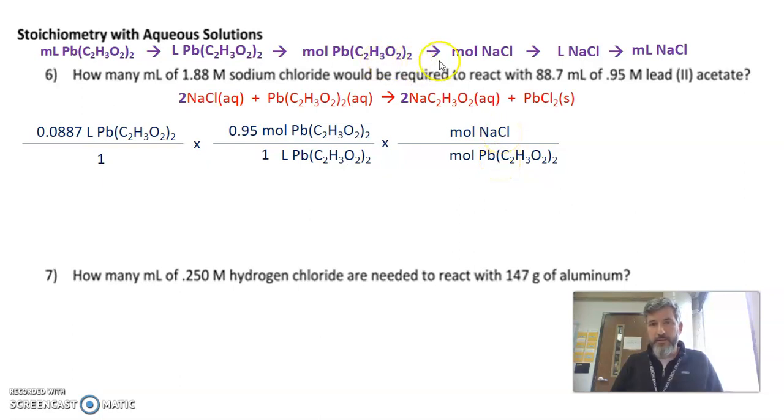We said that was our plan using the balanced equation. And of course, those come straight from the coefficients, 2 to 1. Okay? All right, so what did we say the next step was? Moles of sodium chloride to liters, right? Okay, and so then go ahead and maybe pause and see if you can figure out what numbers are going to go top and bottom here.